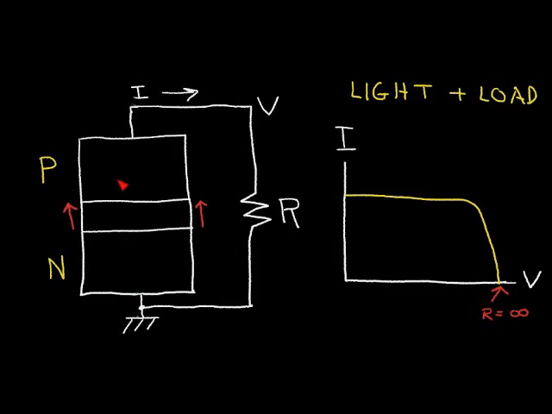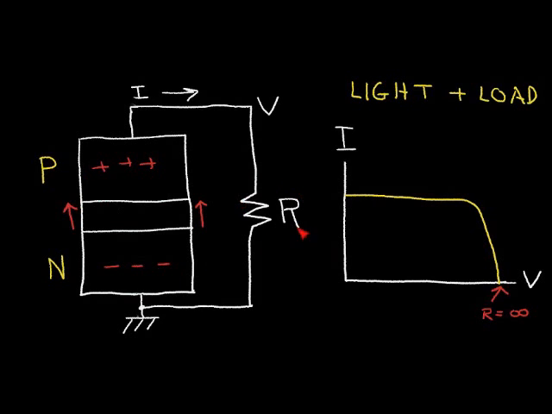And what happens then is that the light shines on this diode. It produces electron and hole pairs in the N region and in the P region. And this electric field causes positive charge to be built up on the P region and negative charge to be built up in the N region.